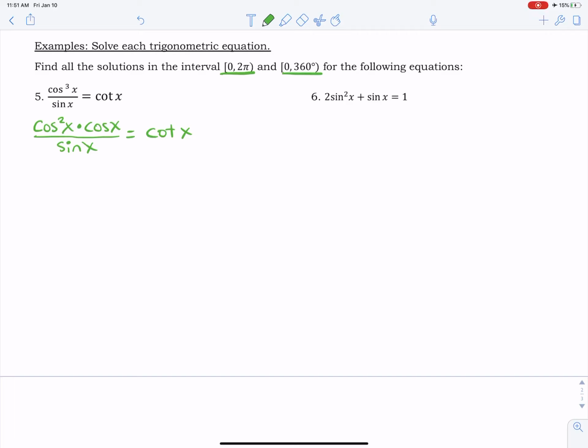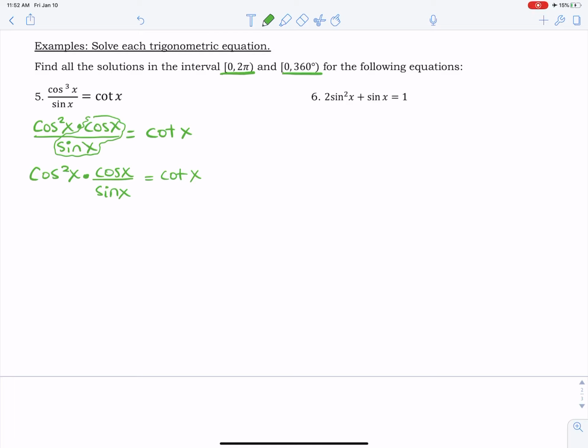All right, so now I'm looking at it and I'm like, oh, this part right here is an identity if I separate it. So cosine squared x times cosine x over sine x. With multiplying, you can literally just pull it apart. That is totally legal in the multiplication world. And we end up with this expression.